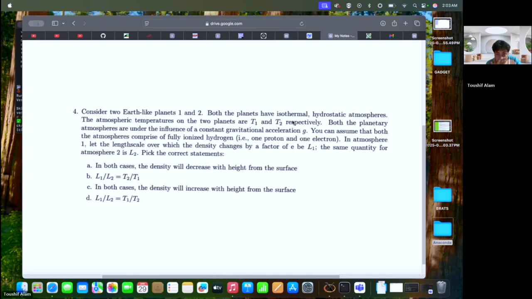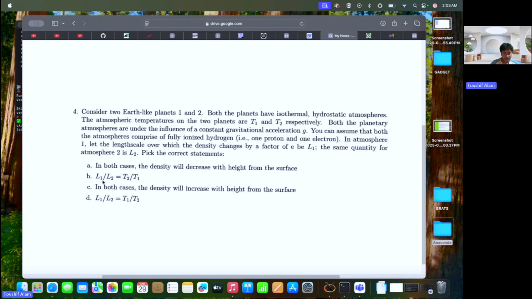Both planetary atmospheres are under a constant gravitational acceleration, and the fully ionized hydrogen is the same. The length is the scale over which the density changes by a factor of e. So what do you think? Which options will be correct?